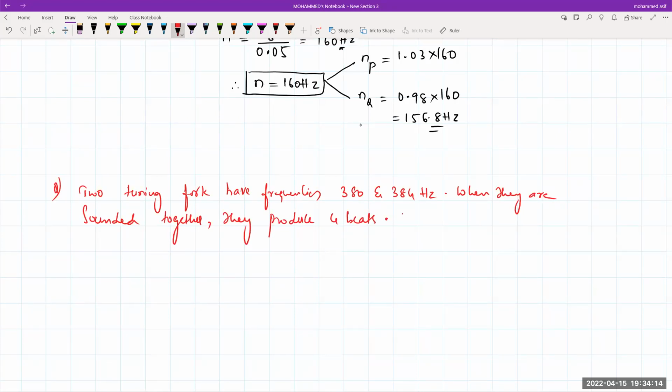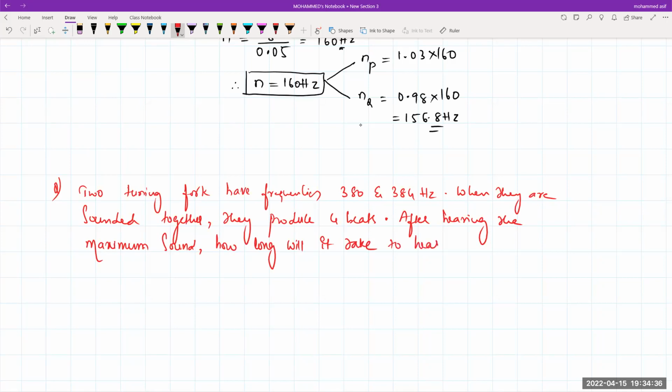After hearing the maximum sound, how long will it take to hear the minimum sound? Okay, this is the question.